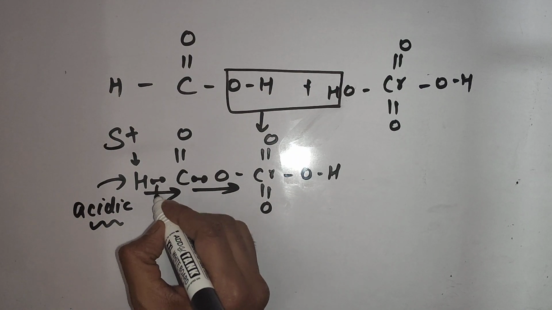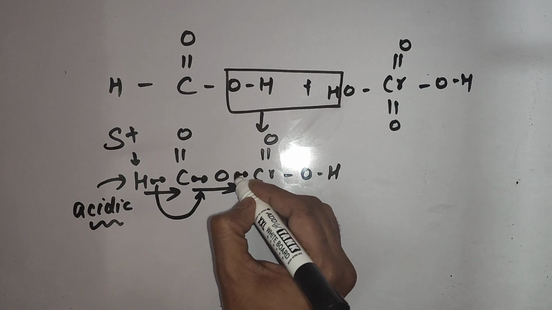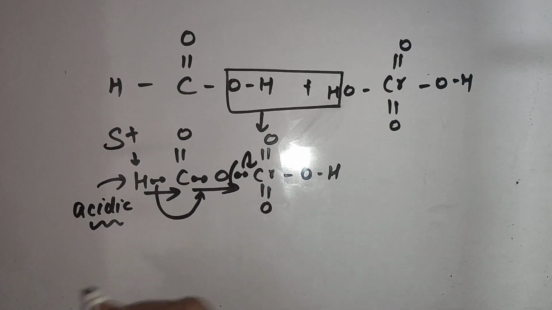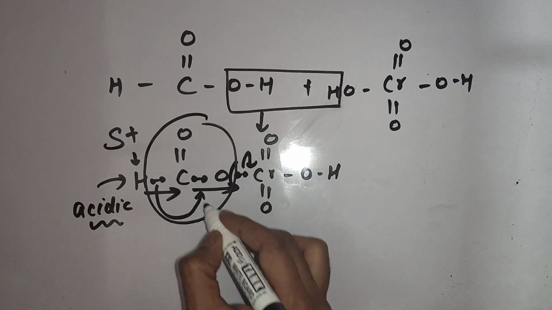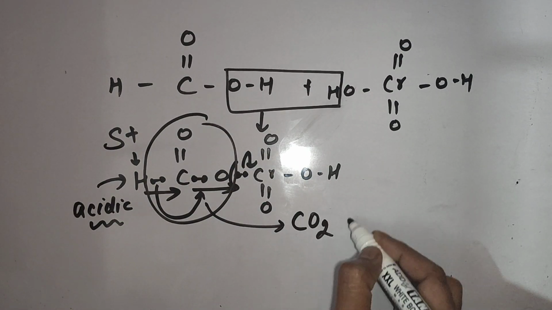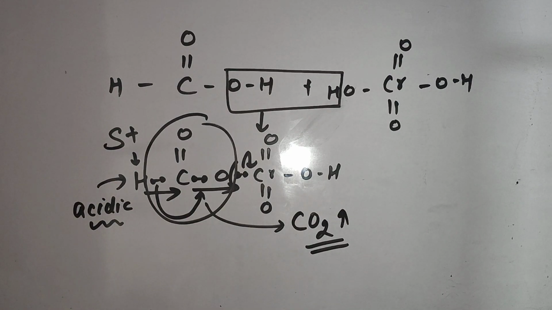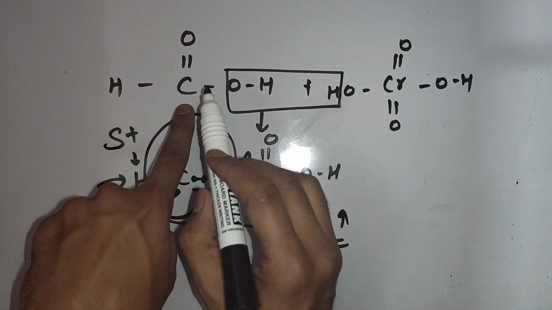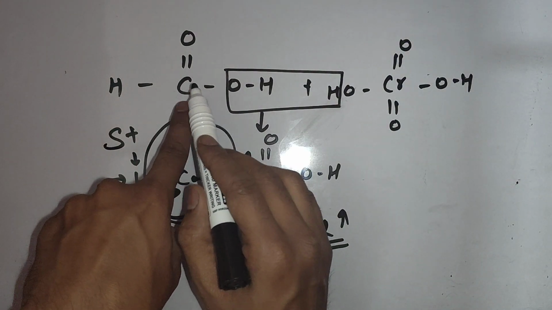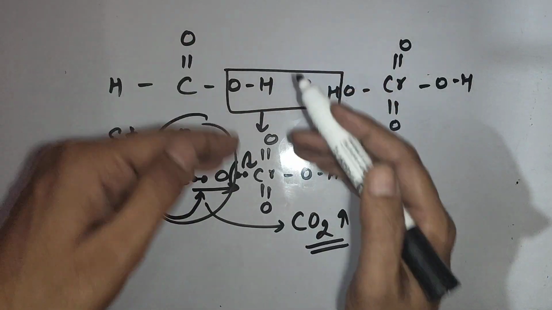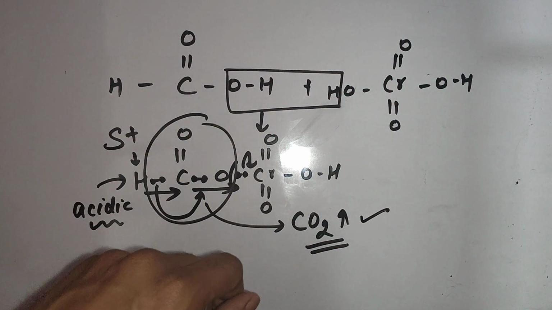After that, this carbon will shift this bond here, and the bond between oxygen and chromium will break. Check this out. What will release? CO2 gas. That's why I am saying, whenever you are getting methanoic acid, means carboxylic acid of one carbon, you have to convert it to CO2.